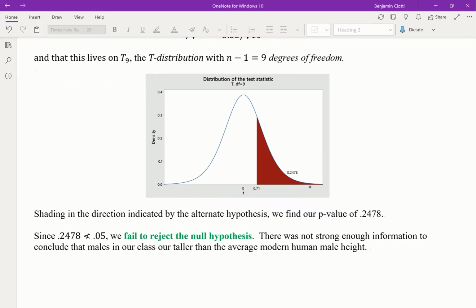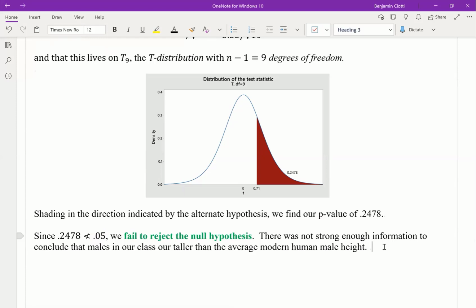Notice that I used the significance level of 0.05 by default because nowhere in the problem did it suggest anything to the contrary. Conceivably, you might be asked to use different significance levels, but in this case, since there wasn't any mention of a significance level, you just default to using 0.05. So yeah, we failed to reject.